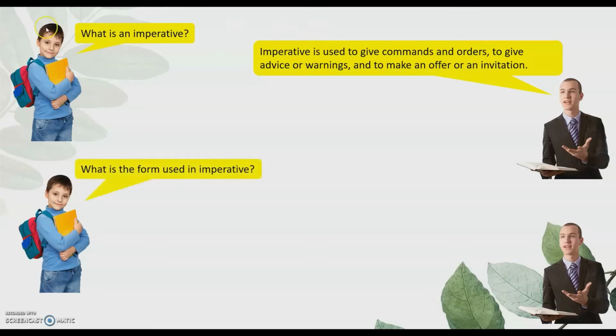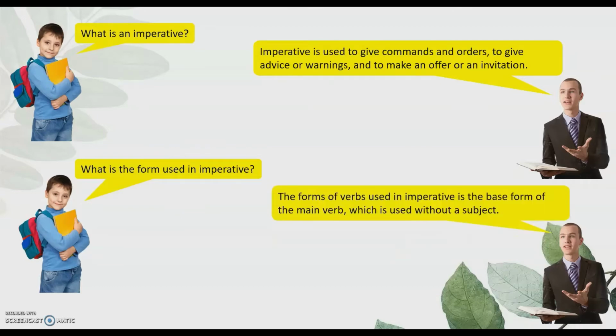Okay, the next question is, what is the form used in imperative? What is the form of the sentence that is used in imperative? The form of verb used in imperative is the base form of the main verb, which is used without a subject.